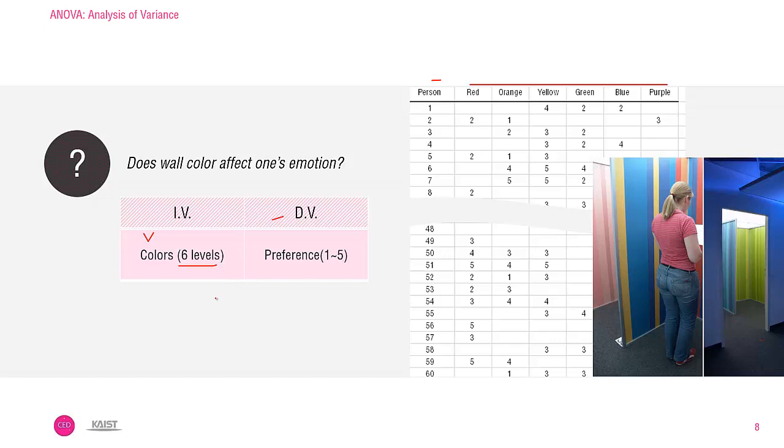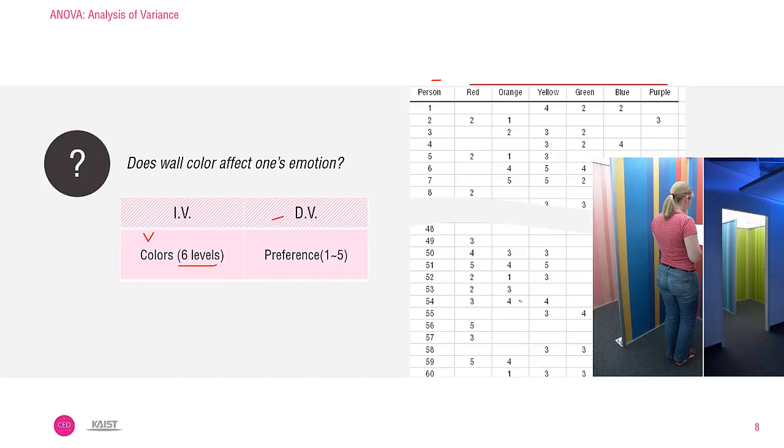Because each color was assessed by differently composed 30 people, for instance, the red color was evaluated by 30 people, but the 30 people were like number 2, number 5, number 8, etc. Whereas the 30 people who assessed the orange color were number 2, number 3, number 5, 6, 7, etc. So the 30 people were differently composed.